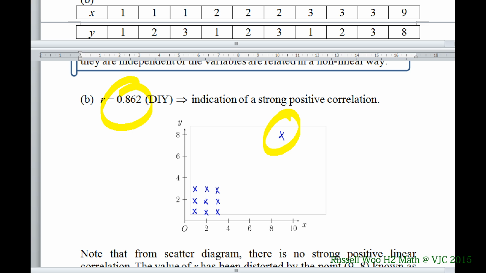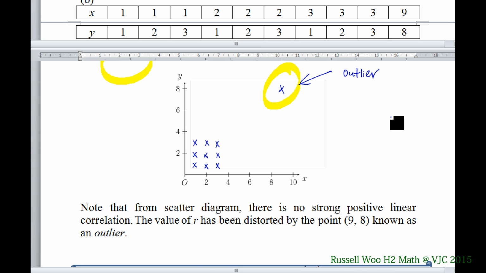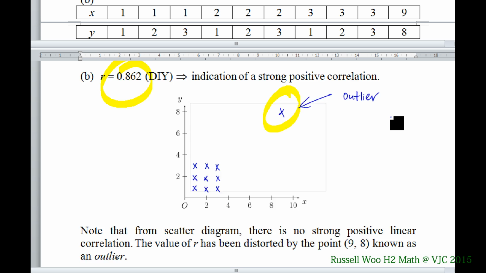So what I'm trying to say is, this outlier distorts the value of R. We cannot just trust our value 0.862 at face value. If you just trust 0.862 at face value, you would then say that there's a positive linear correlation.